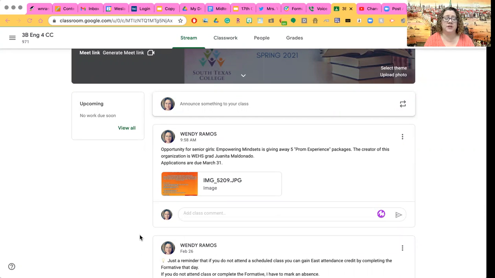But she is offering an opportunity for graduating seniors who might be interested in what's called the prom experience. Now, she contacted me and she was telling me about it, and it's her way of trying to give back to the community. She is also a pageant winner.